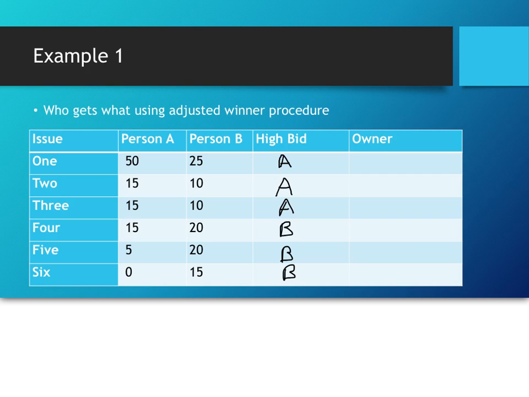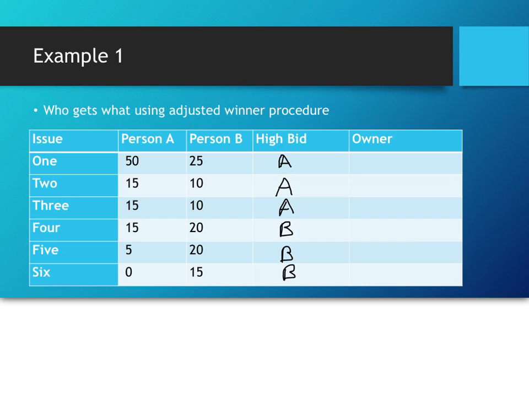Now, I want to point out that this is essentially saying to everyone that person B values issue number 4 as 20% of all of the issues. And person A values this first issue at 50% compared to all these other issues. Now here's how the adjustment works.